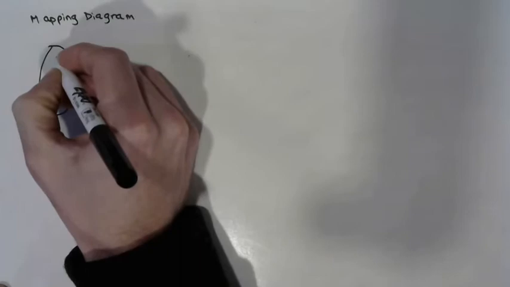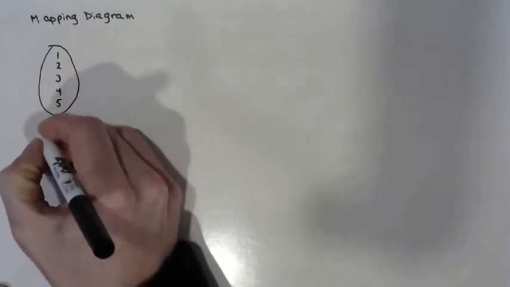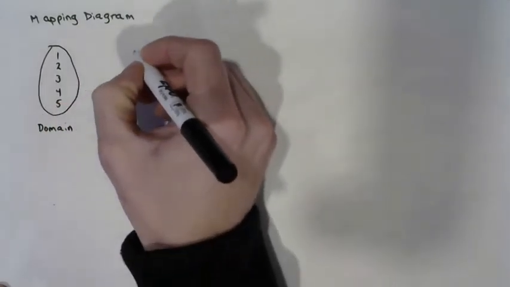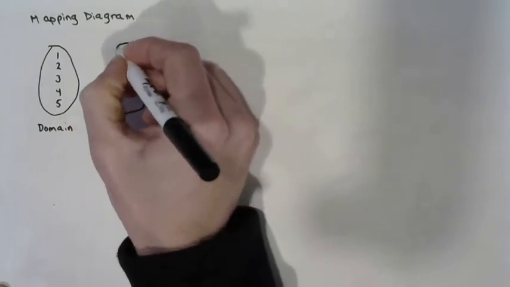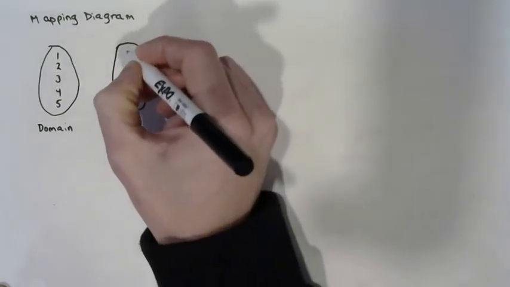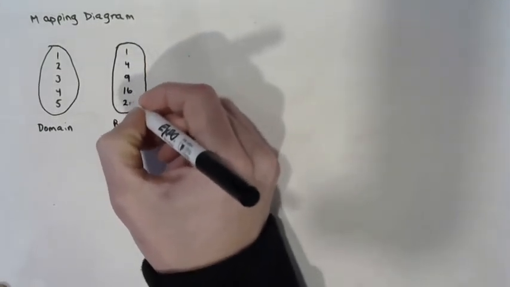They give you some nice ovals usually. And let's say the domain consists of 1, 2, 3, 4, and 5. And let's say the range consists of 1, 4, 9, 16, 25.